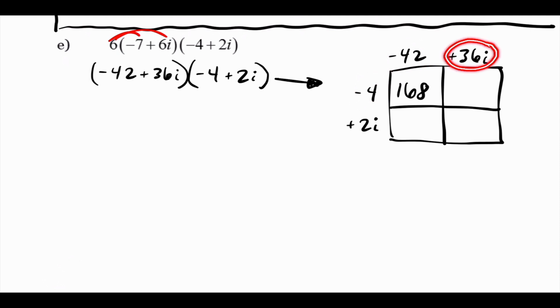Positive 36i and -4, when I multiply those, I'm going to get negative 144i. -42 times positive 2i, negative 84i. The last one, positive 36 and positive 2i, I get 72 i to the second power.